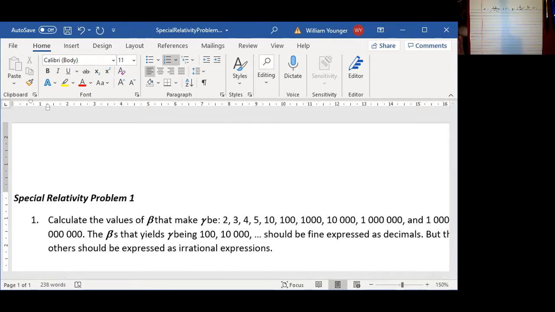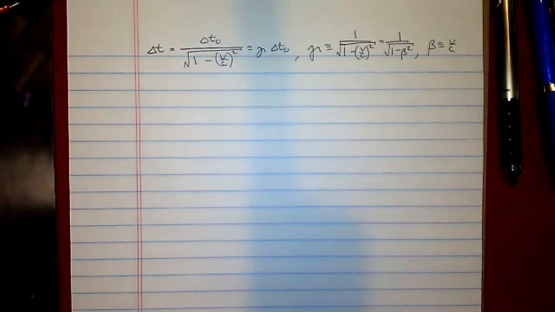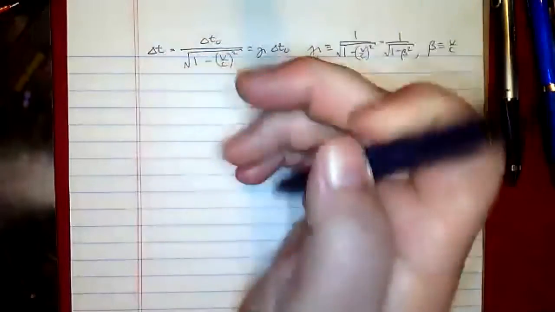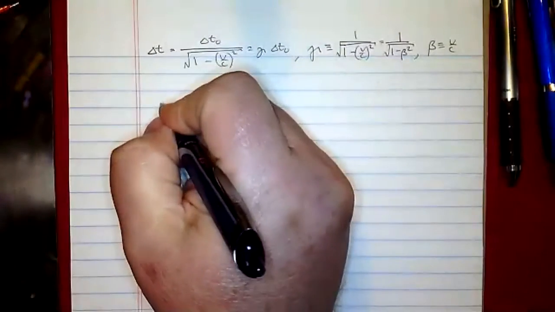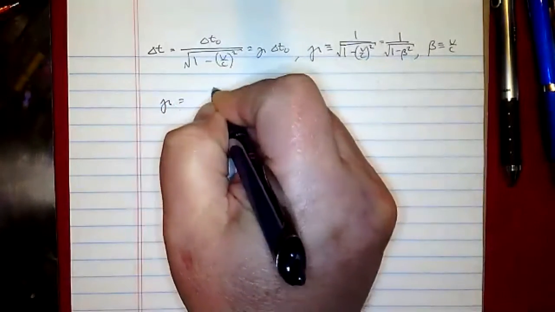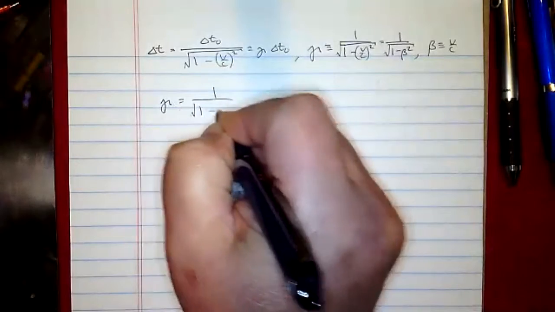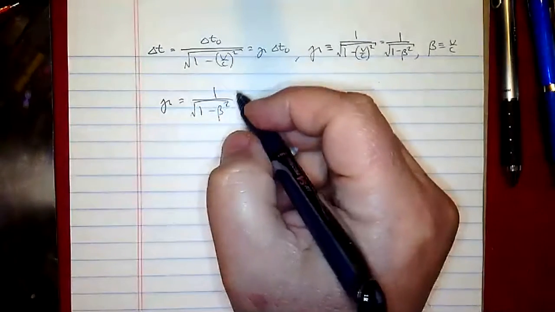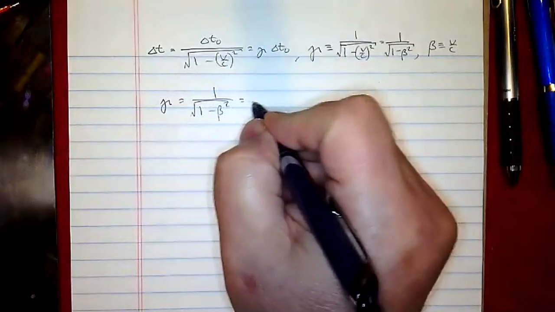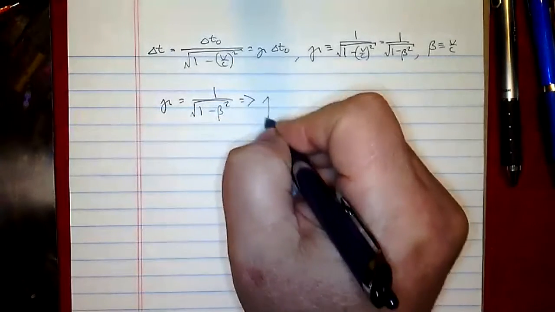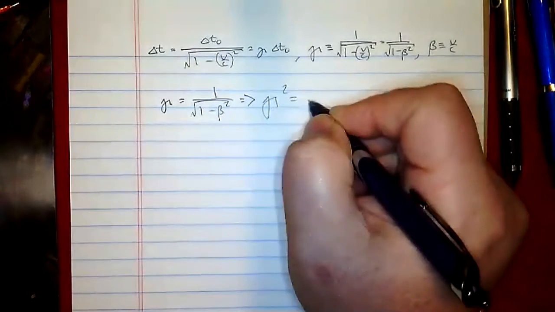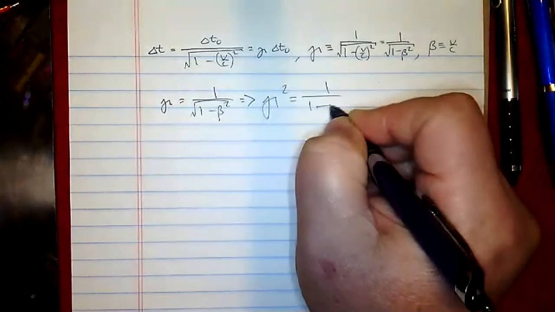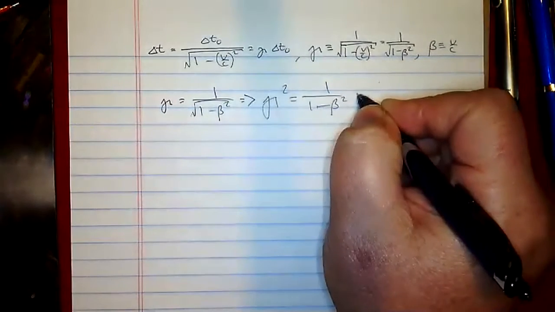So let me stop sharing the screen and turn it back to my document cam. When I say that gamma is equal to 1 over the square root of 1 minus beta squared, I can start to solve that for beta by squaring both sides. Squaring both sides, I get gamma squared equals 1 over 1 minus beta squared.